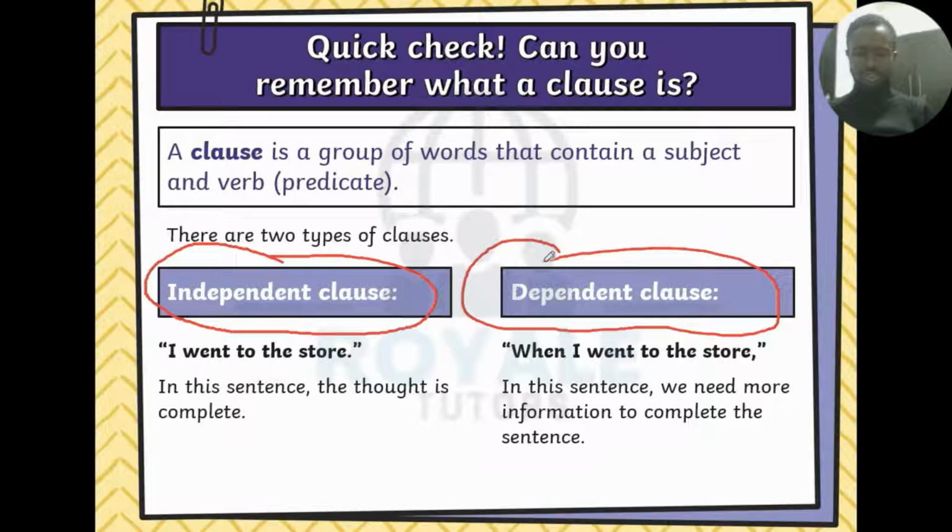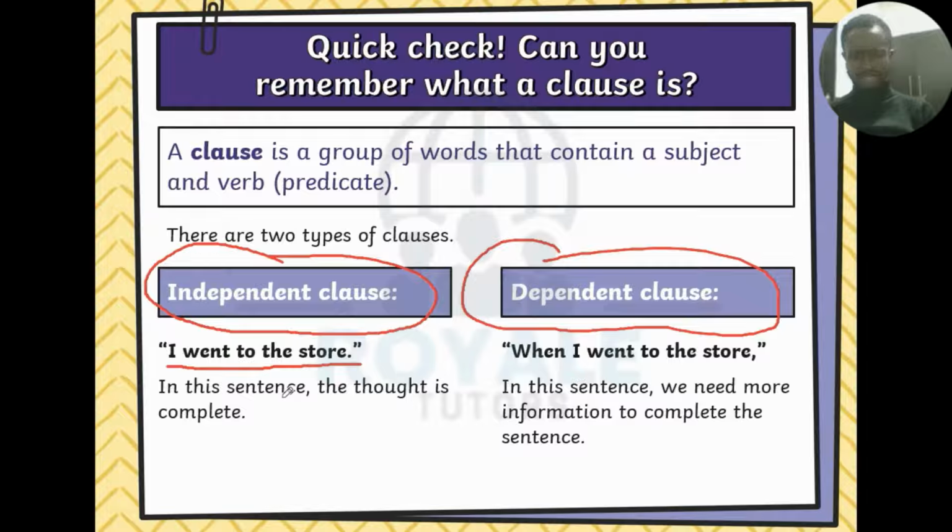When you give an example of an independent clause or a main clause, the listener or the reader understands what you're saying. For example, I went to the store. That's a complete sentence. In this sentence, the thought is complete. Anyone you said this to definitely would understand you.